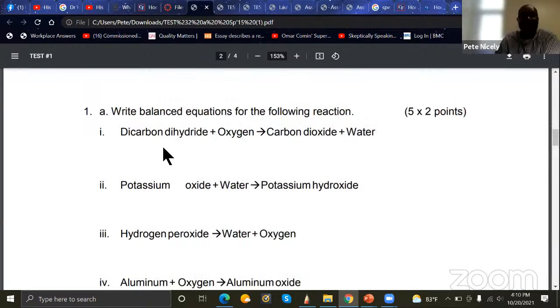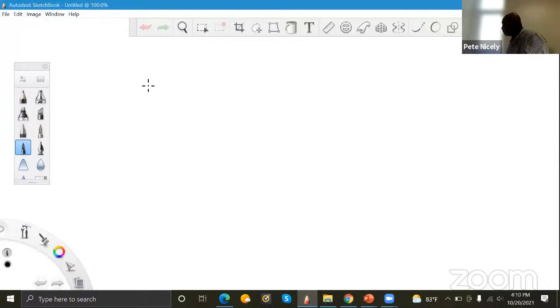So the first equation is this one right here. I'm going to get to my writing pad, but we're looking at question number 1A, the first one right here. Can someone tell me what the formulas for the different substances are?